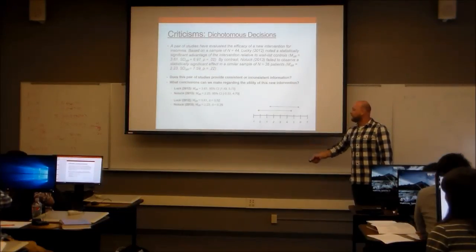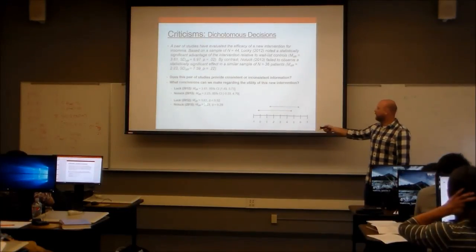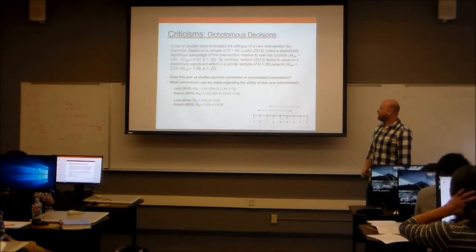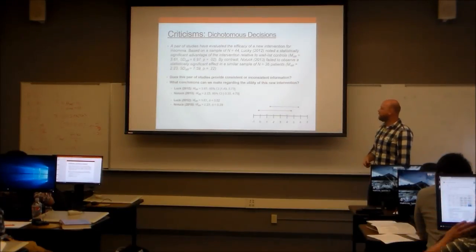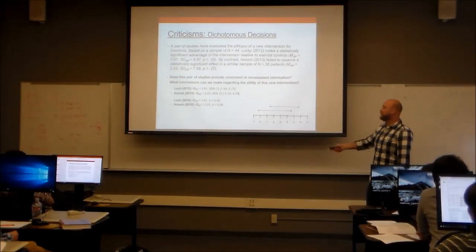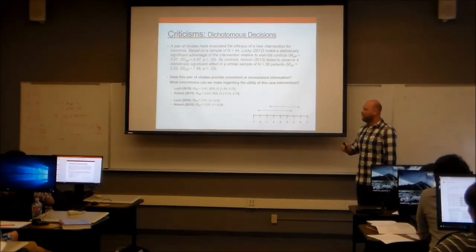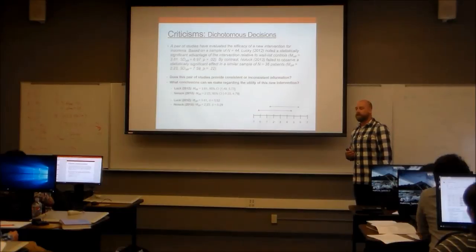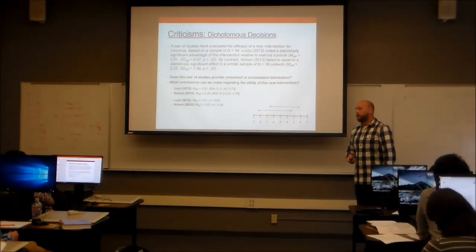And so, again, if we look at our mean differences here, look at our effect size. Our first study found an effect of about a half standard deviation. Second one, about 3/10 of a standard deviation. So we've got a small effect here, a medium effect here, right?